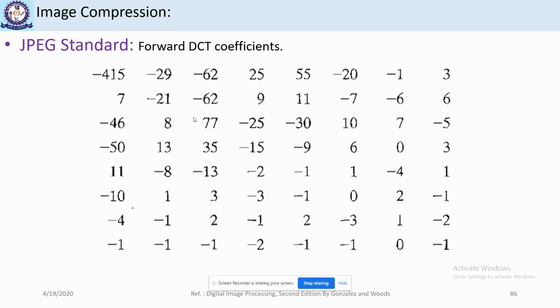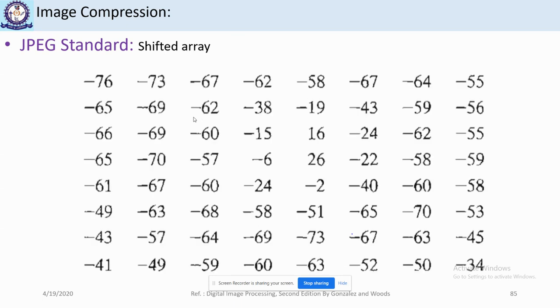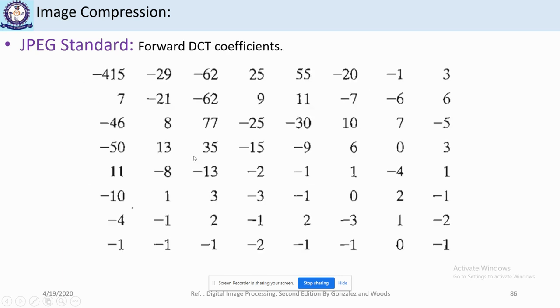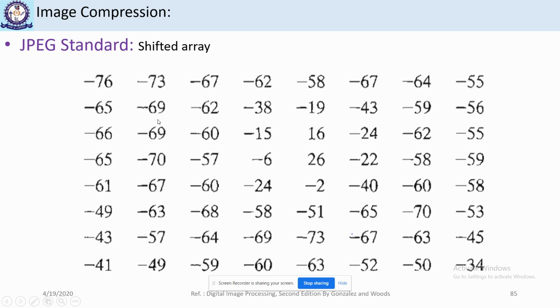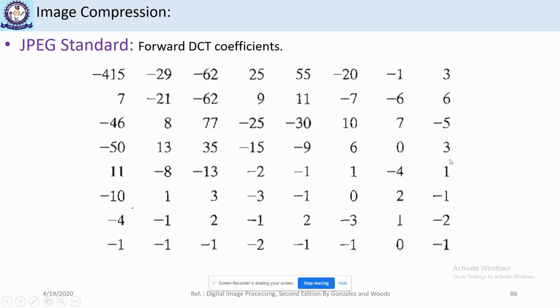Then the second step is we perform the discrete cosine transform on these values. If we perform the DCT operation on these coefficients, we get this 8 cross 8 array. As I told, this is the DC coefficient, minus 415, and these are the low frequency coefficients, and these are the high frequency coefficients.